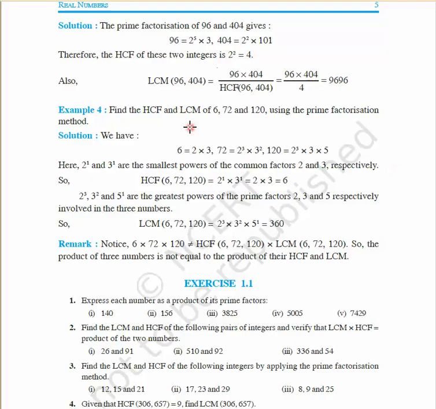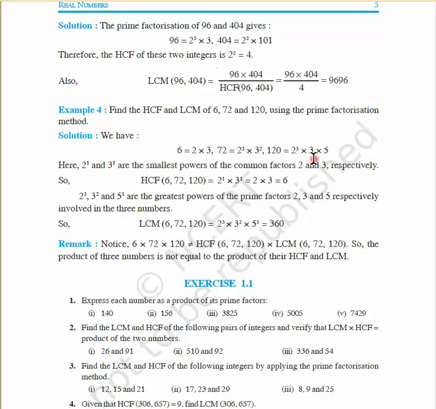Next is find the HCF and LCM of 6, 72 and 120 by using the prime factorization method. So let's find out the prime factors of these three numbers. So 6 can be written as a product of 2 into 3. 72 can be written as a product of 2 raised to power 3 into 3 square.